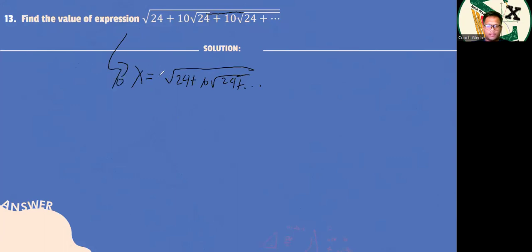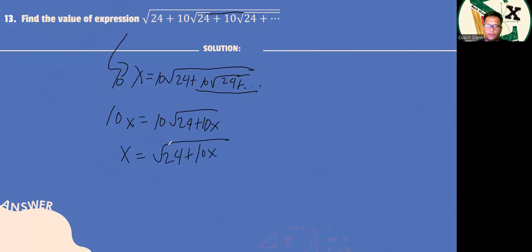So we have 10x is equal to this one. What you can observe is this is just similar to 10x. So you can substitute that as 10x is equal to 10 times 24 plus 10x. And then divide 10 both sides. So that's just equal to x is equal to 24 plus 10x.